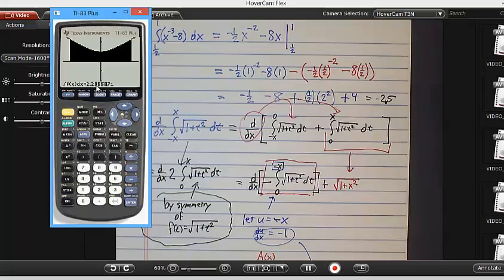Instead, you can integrate just from 0 to 1, and then double the answer. So let me try that. I'll integrate from 0 to 1. That gives me 1.15. Double the answer, you have your 2.3.